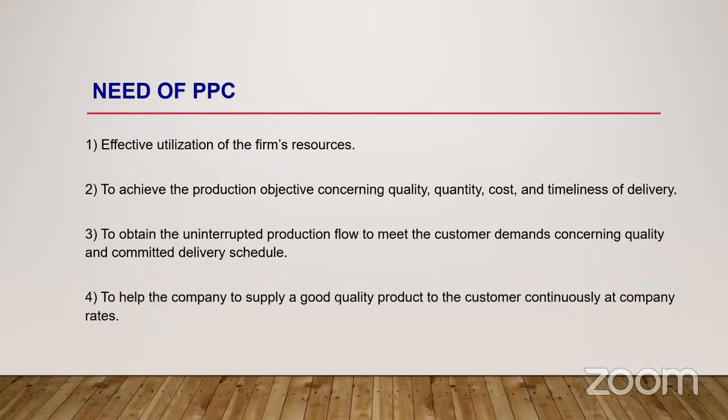That will also be taken into account, to consider how we manufacture the product uninterrupted, without any error, without any fault. So it is possible if you maintain the inventory properly. So the uninterrupted production flow is to meet the customer's demand concerning the quality and to commit to the delivery schedule, on time delivery.